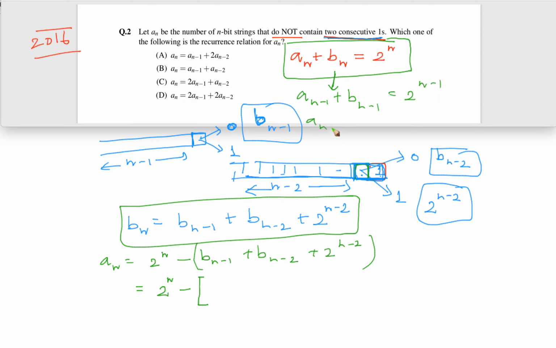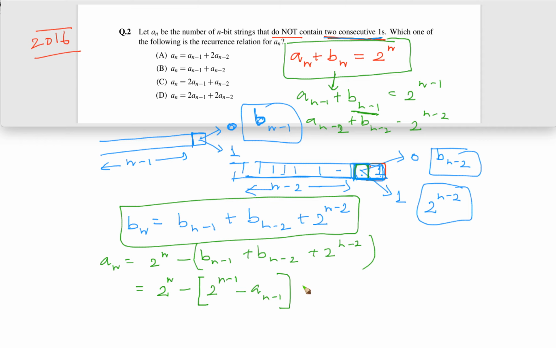Similarly, a n minus 2 plus b n minus 2 is 2 raised to the power n minus 2. In that fashion I can write. So my point is that this b n minus 1, I can write as 2 raised to the power n minus 1 minus a n minus 1.